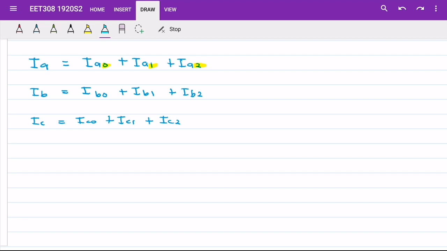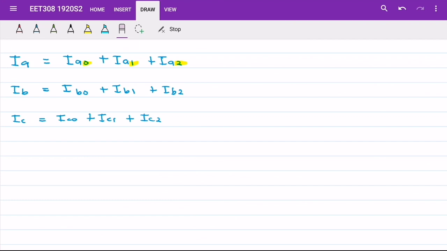Before we convert all these equations into matrix form, we need to simplify all these equations into the reference phase, which is IA0, IA1, and IA2.